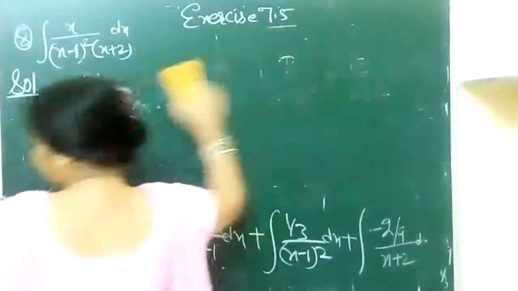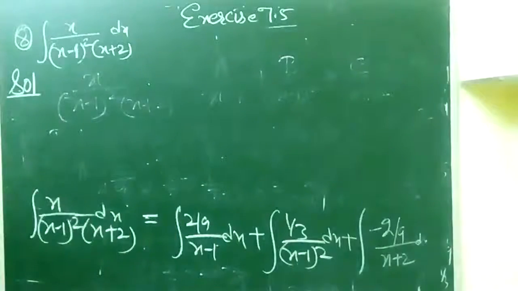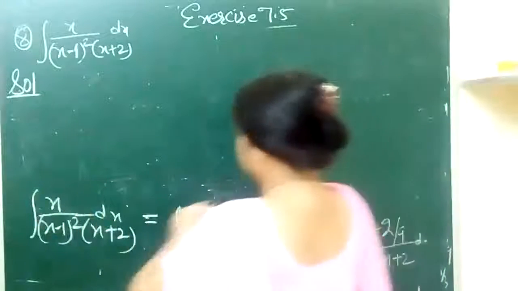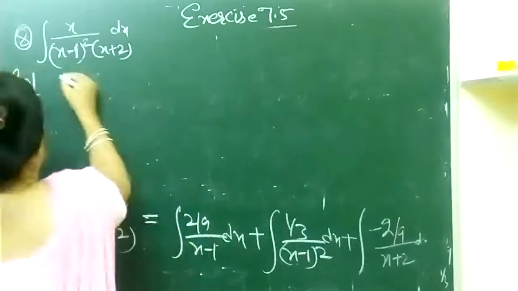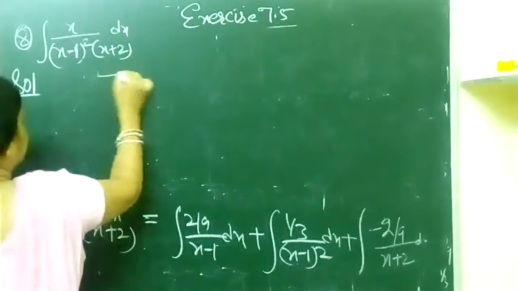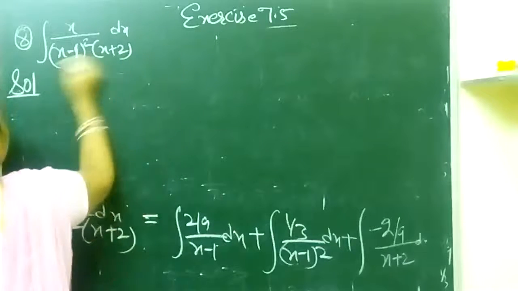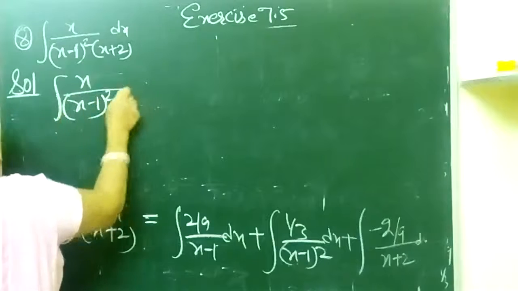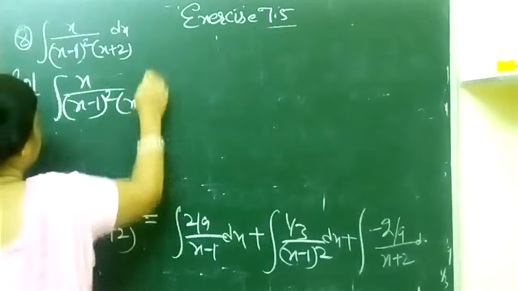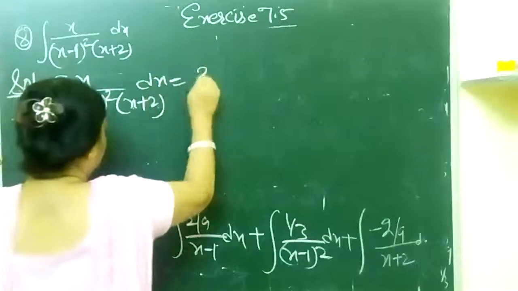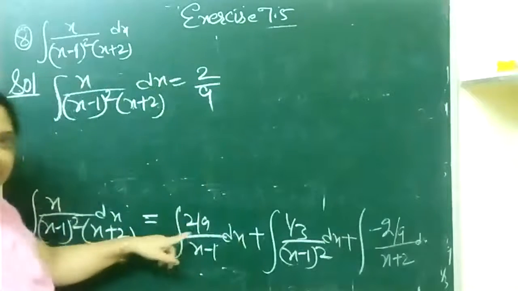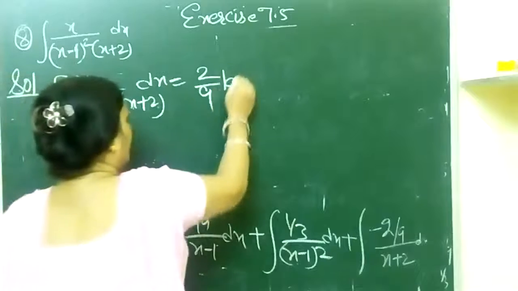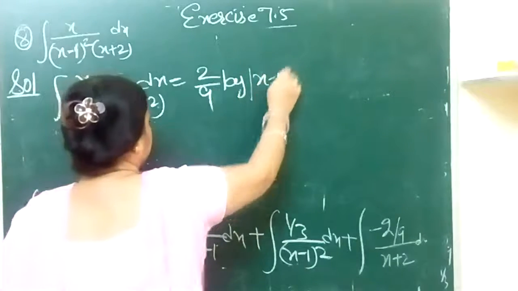So after integration, what will come here? Integration of x upon x minus 1 whole square into x plus 2 dx is equal to 2 by 9 outside the integration, then 1 upon x minus 1, so it will come log of x minus 1.